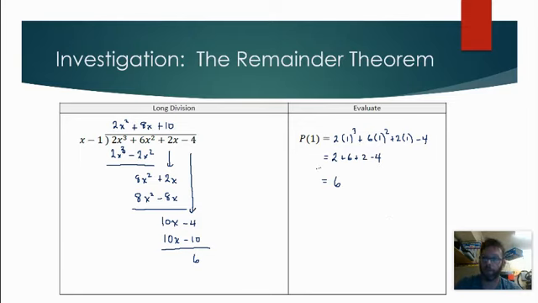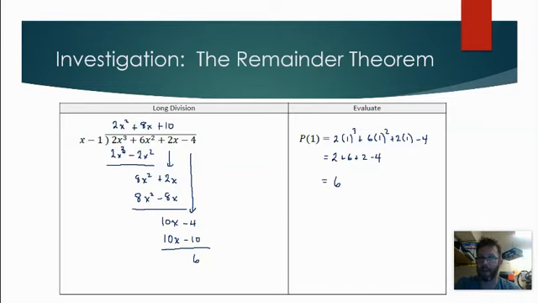All right, guys, so hopefully you took some time, you paused the video, and you gave these a go. And what you hopefully would have seen is that the remainder you get when doing the long division corresponds to the value of that function at that corresponding root.